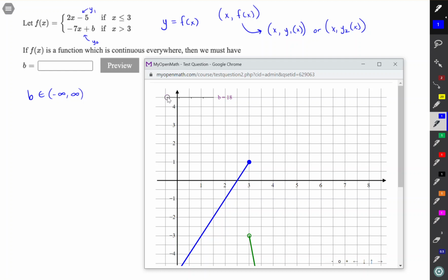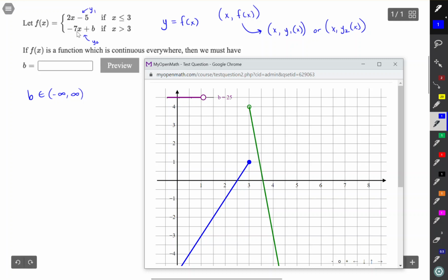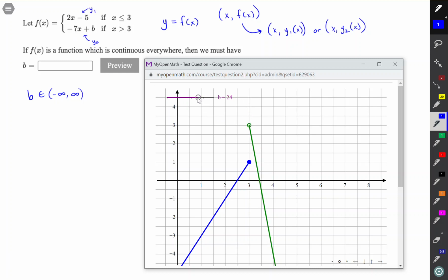But I've set this up to where I can change the value of b and observe what the graph is going to look like. So it's always going to be a line with a slope of negative 7. That's a constant. The only thing that could potentially change is the value of b.